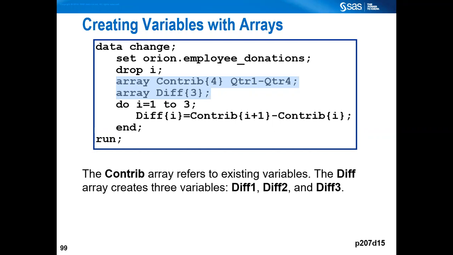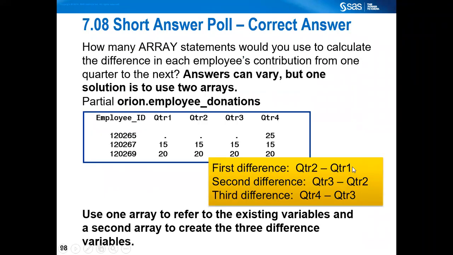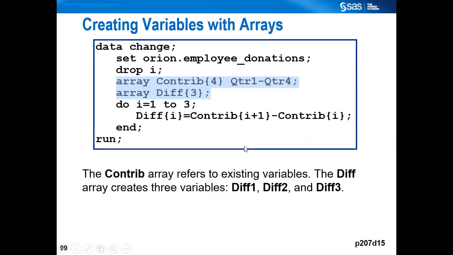Hence, what we are going to do is write it as contrib I plus 1 minus contrib I. That means if do I equals 1, it will be I plus 1, which will be contrib 2 minus contrib 1, which is equivalent to quarter 2 minus quarter 1. When I equals 2, it will be 2 plus 1, which will be 3, and here it will be contrib 2.